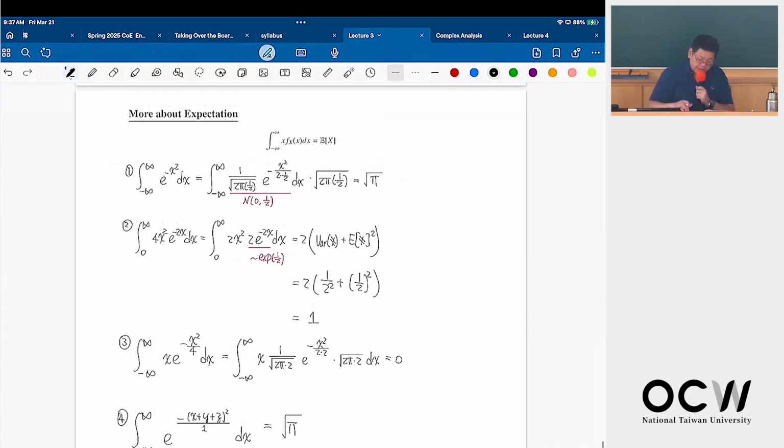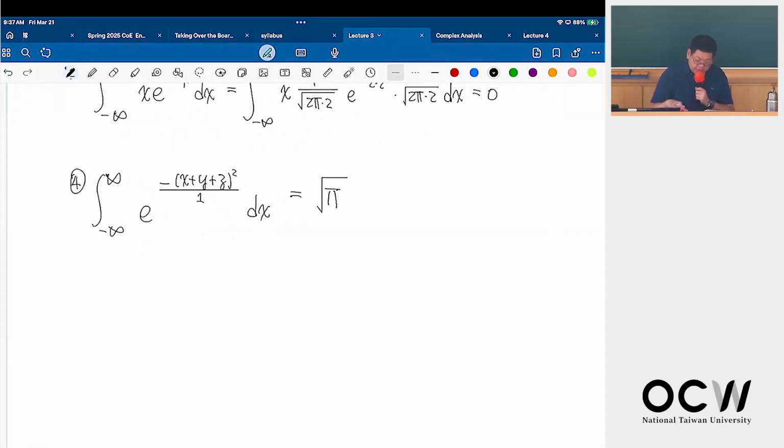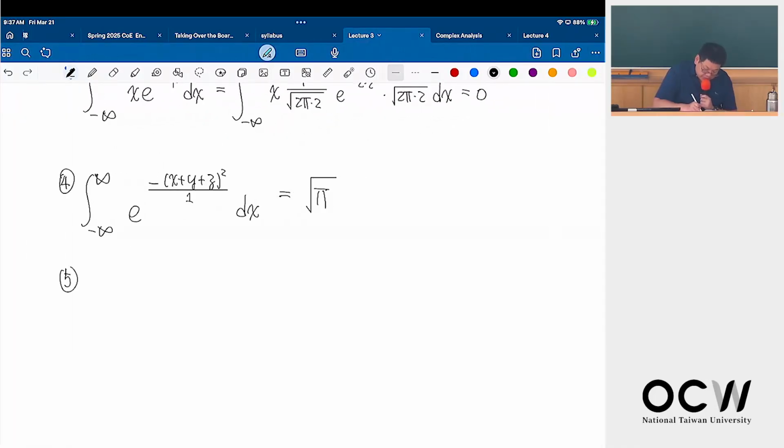Last one, this is just the integration, right? How about the summation? Let's see this summation. K from 0 to infinity, x to the k over k factorial.